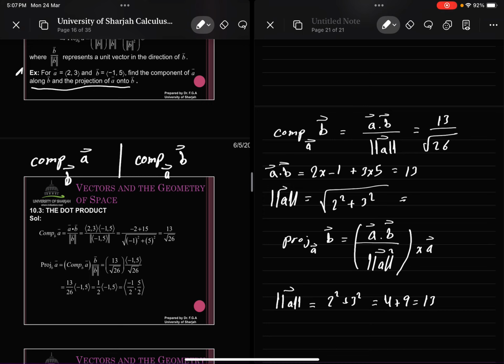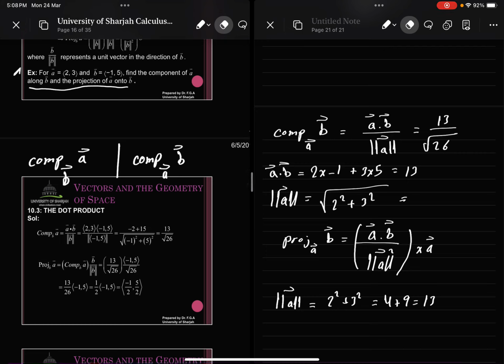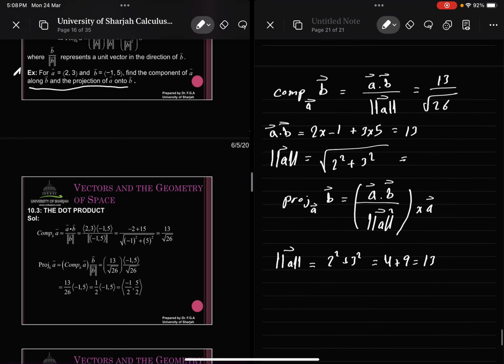So don't worry about that, because it's just a misunderstanding by some students about whether the question wants comp a or comp b. Even in the midterm they write to us what we have to compute, so don't worry about this point.